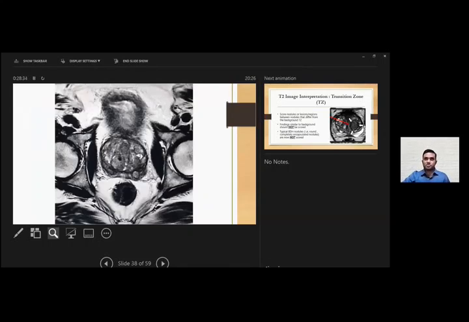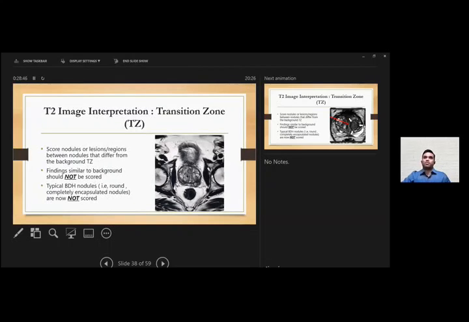There is enlargement of the transition zone with a thinned out peripheral zone, and we can also see extruded nodules in the peripheral zone. In such a prostate, scoring is usually not done, and a DWI or a T2 score of 1 is given.